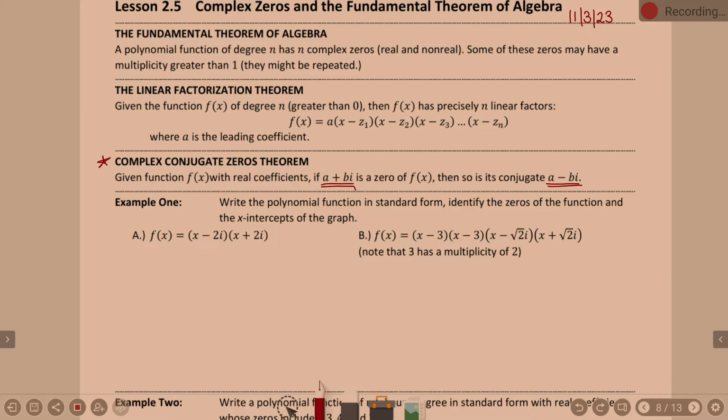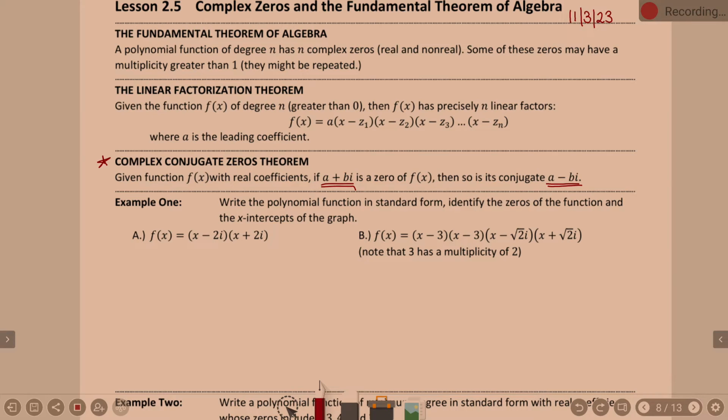If they tell you that a plus bi is a zero, you have to be smart and say, that's an imaginary number, so its conjugate is also a zero. With a conjugate, you keep the two pieces the same and change the middle sign. They always occur in pairs, like how the imaginary ones occur in pairs and the irrational ones occur in pairs. It has to do with the conjugates here.